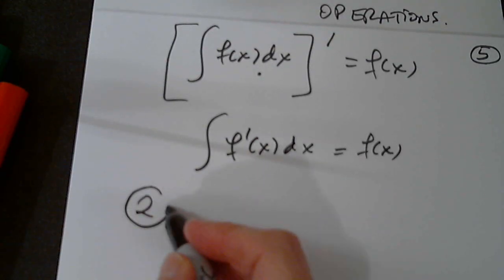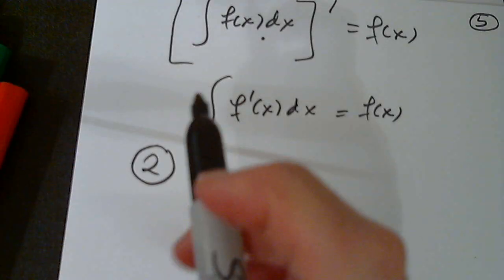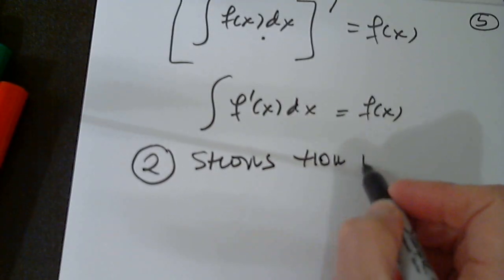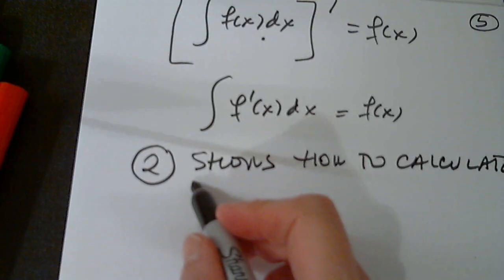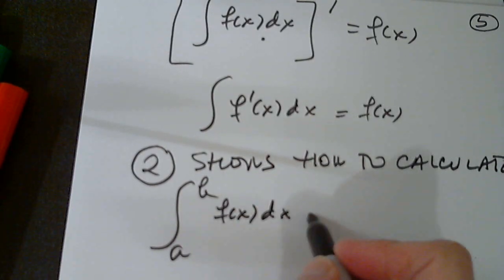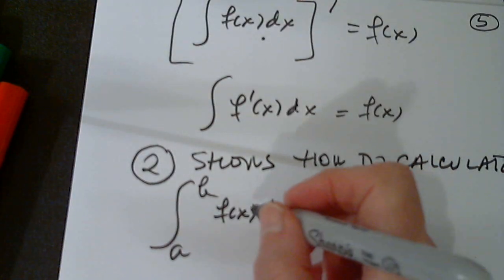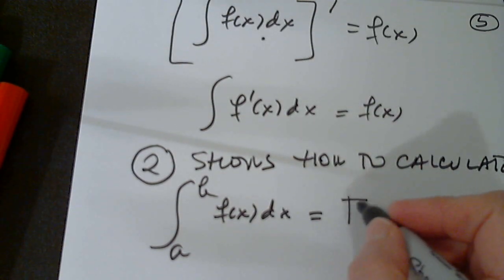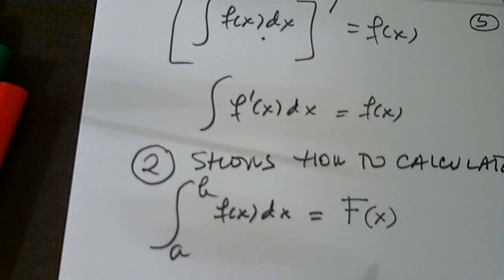Part two helps us calculate definite integrals. It shows how to calculate the integral from a to b of f of x dx. How? If the function is denoted by lowercase f of x, the antiderivative will be denoted by uppercase F of x.